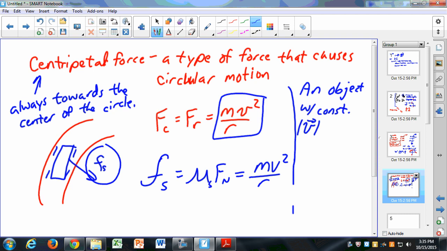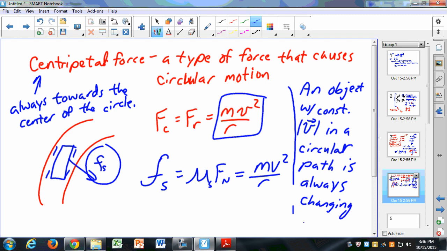So it has a constant speed in a circular path, but it's always changing direction. It's moving in a circle, and so the direction is always changing.